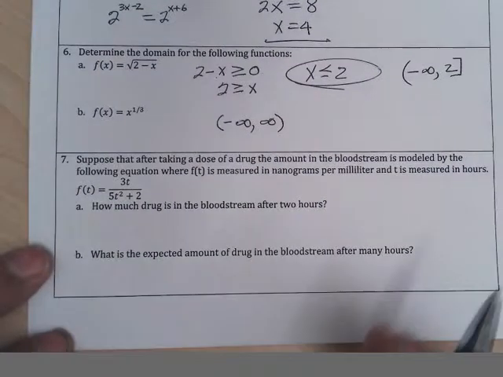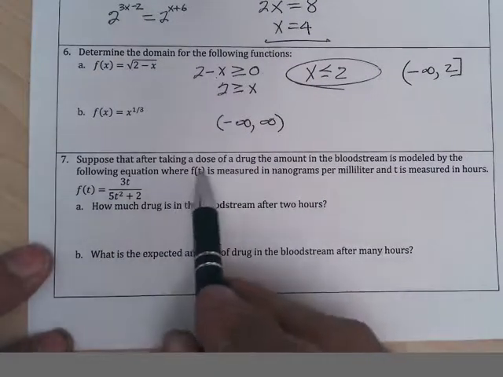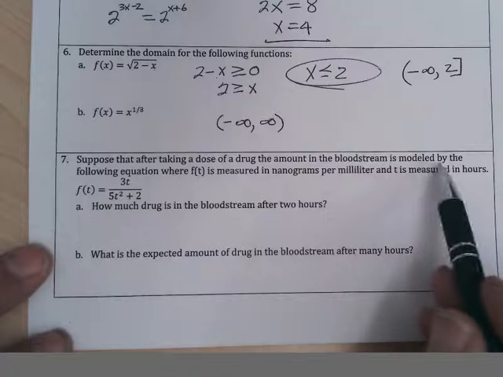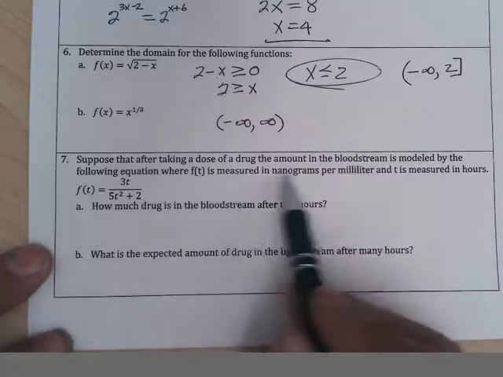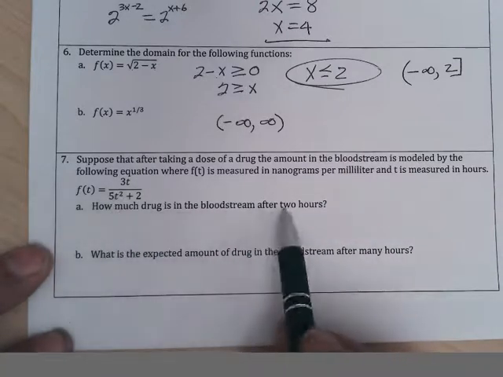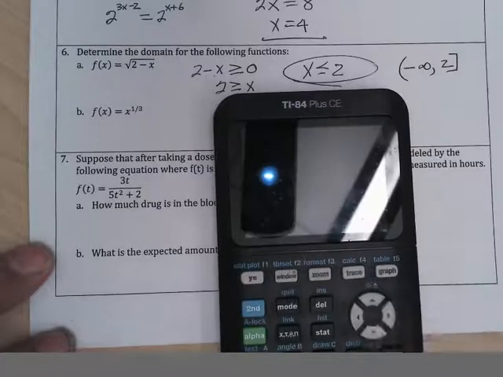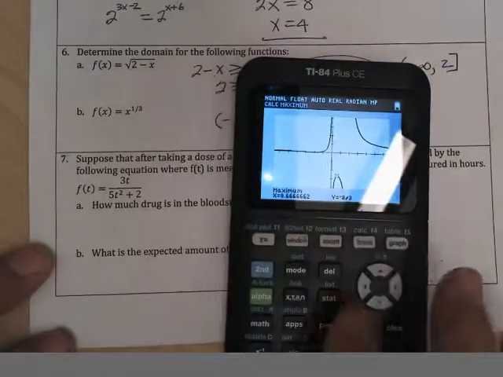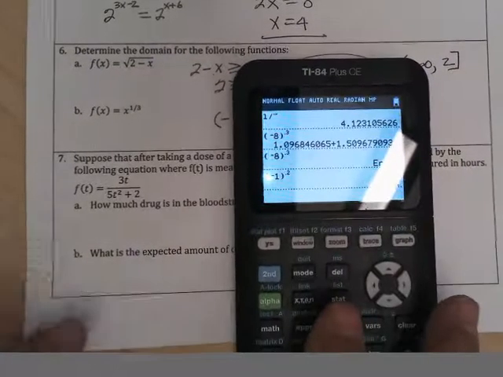In this one, the drug in the bloodstream is modeled by this equation. How much drug is in the bloodstream after 2 hours? So I can just type it in after 2 hours.